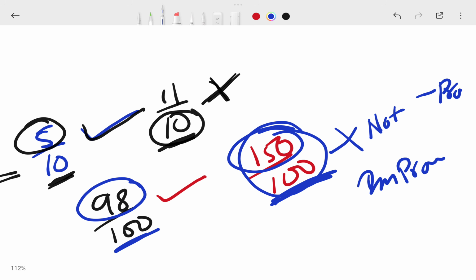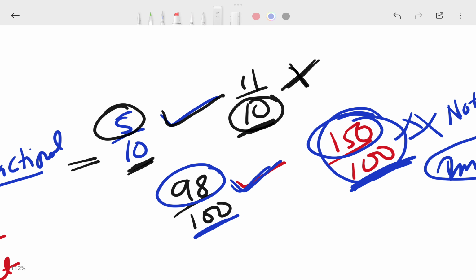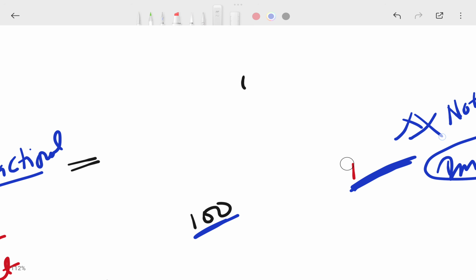Why? Because this is proper, but this is not proper. The number which is not proper is improper, okay? Like here, out of 100 marks will you get 150? No, it is not possible. So is it proper? No, it is not proper. So if it is not proper, then it means that it is improper, okay? Do you understand that? Okay, so now I hope you understand proper and improper.